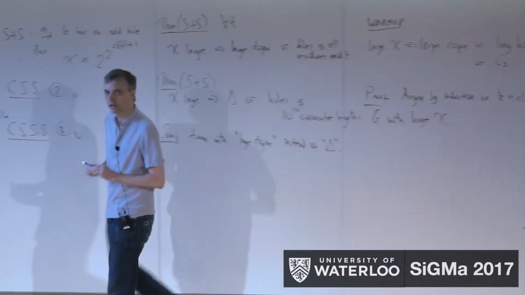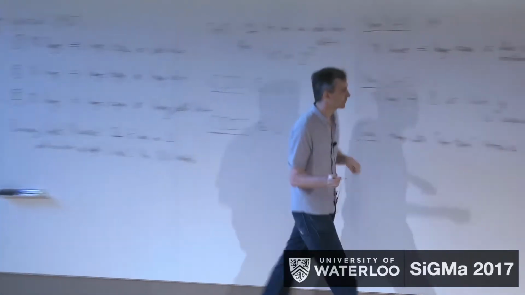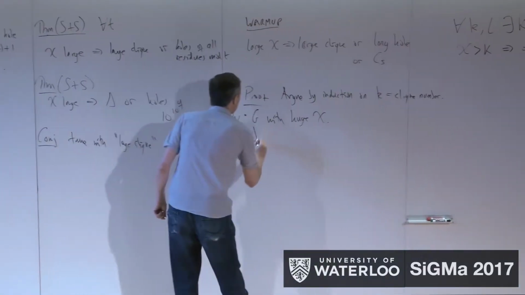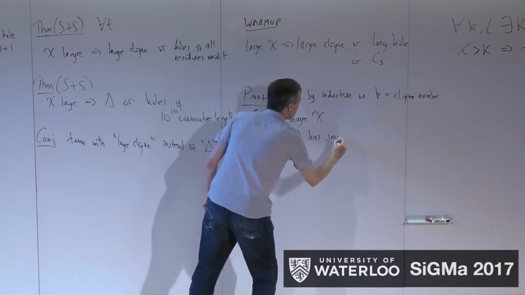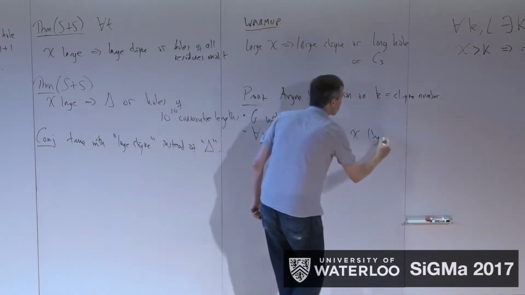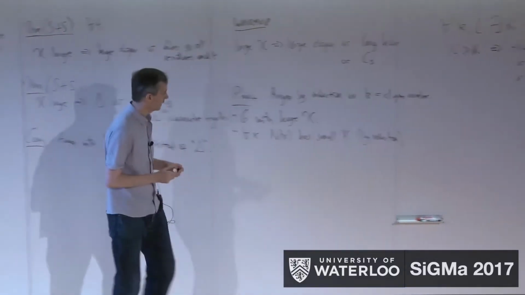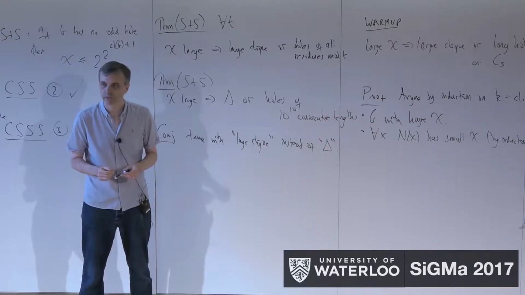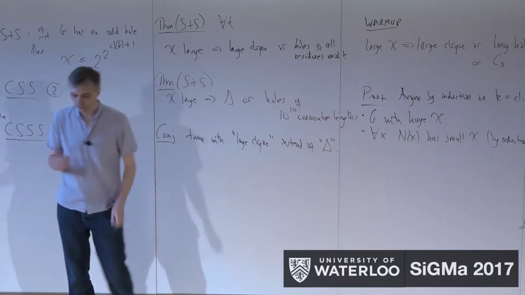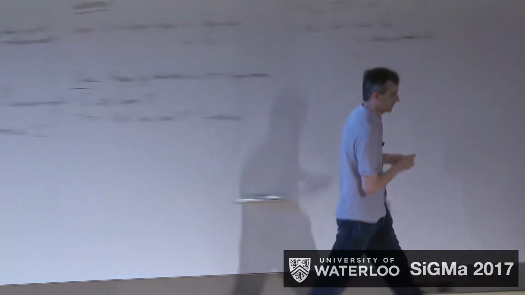The inductive step tells us that neighborhoods have small chromatic number. So for all x, the neighborhood of x has small chromatic number by induction. And now, we look at what happens locally.